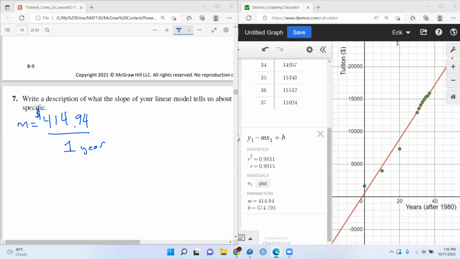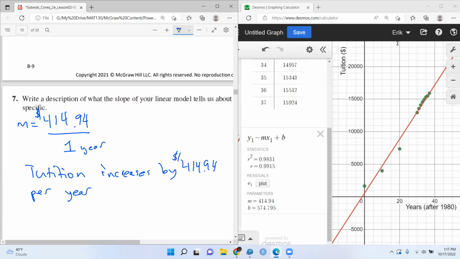So I will write this down: tuition increases, because it's a positive number, by $414.94 per year after 1980. I didn't copy exactly what you all said.